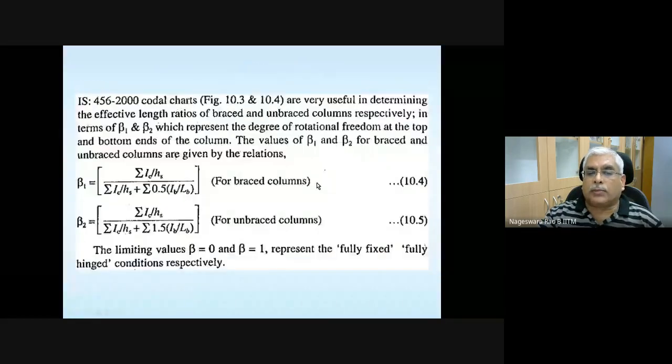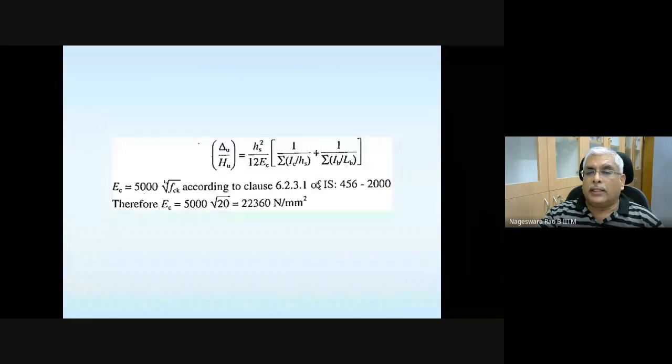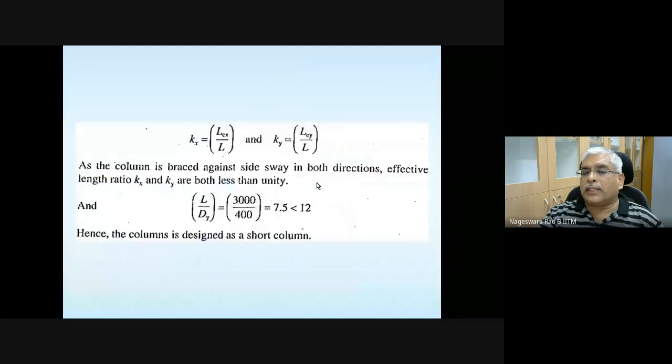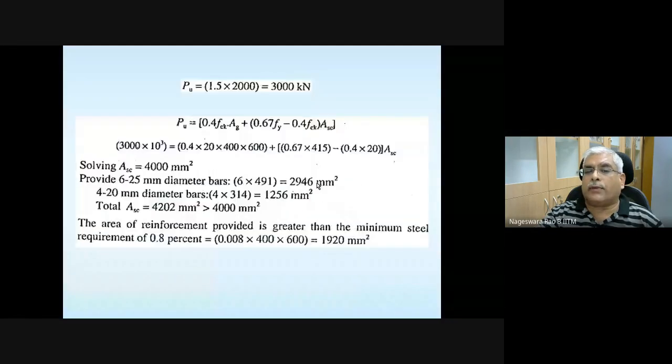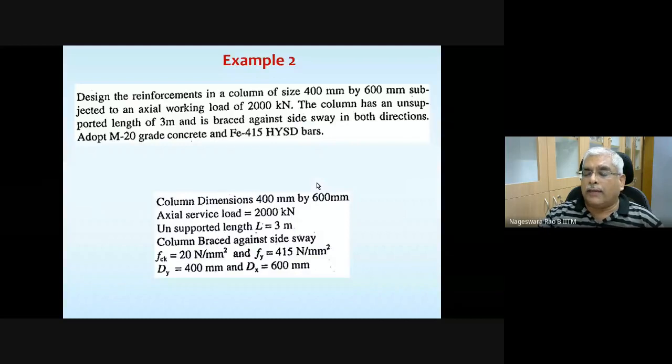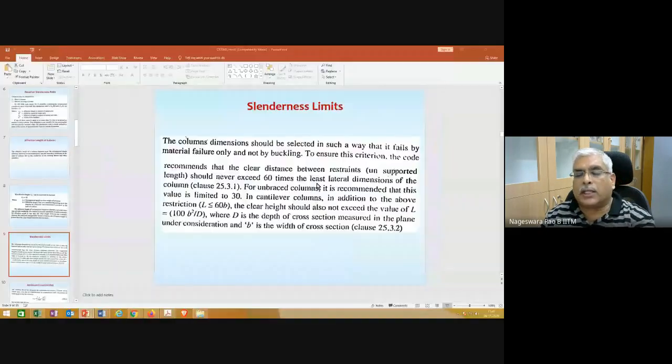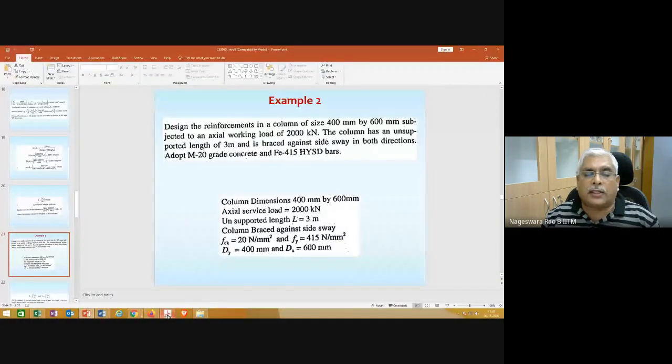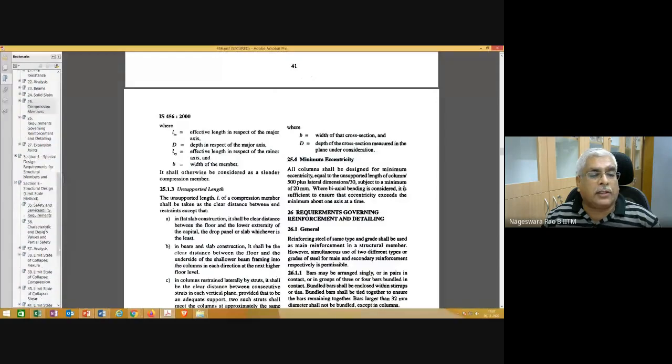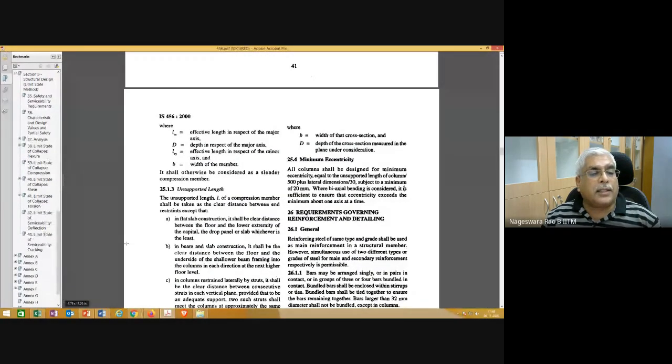So we'll skip this one and directly note down the procedure for short columns. And I will just outline the procedure for short columns, and then we'll stop there and continue in next class. So let's see the procedure for short columns.